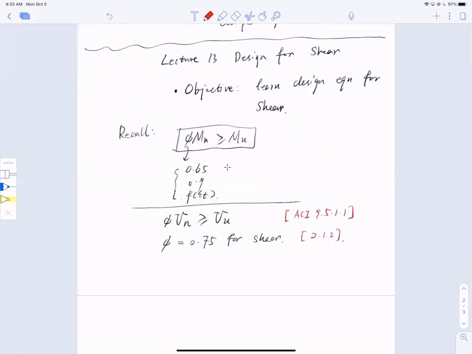And we further say that the resistance Vn, or total shear resistance, comes from two parts.